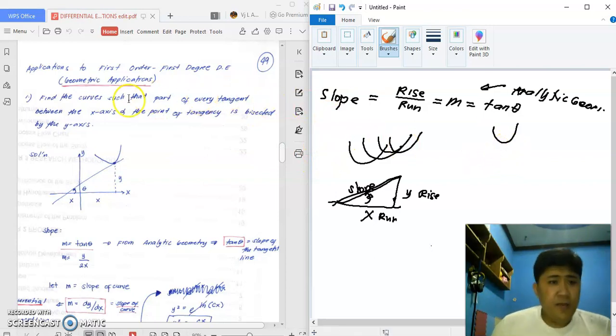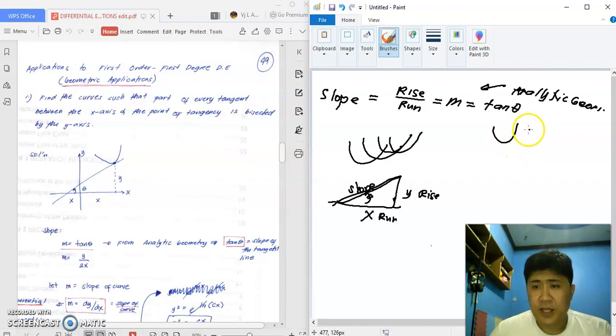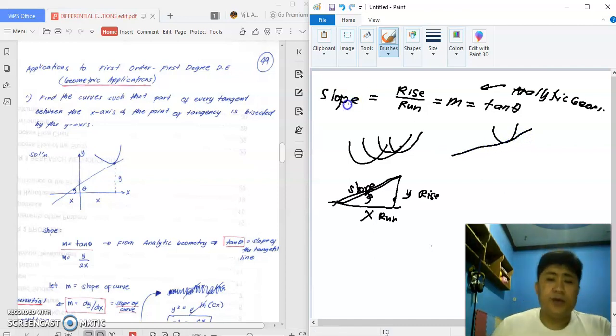So meaning, find the curve, so this curve, that is part of every tangent. So part of every tangent means this curve is a part of a tangent. It passes through it, okay?